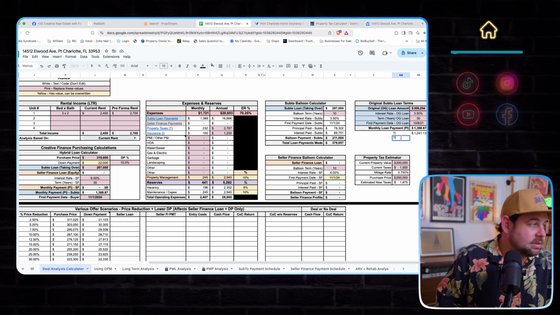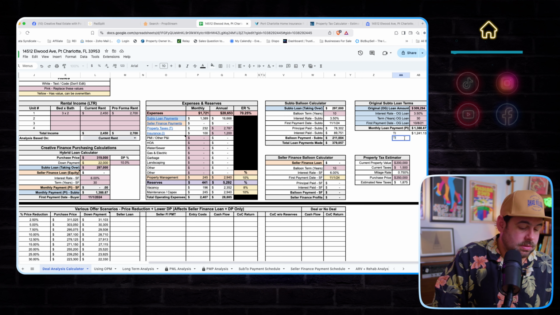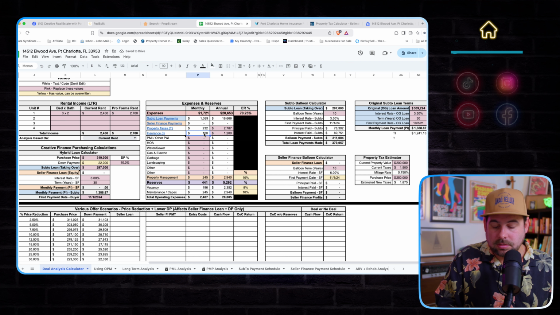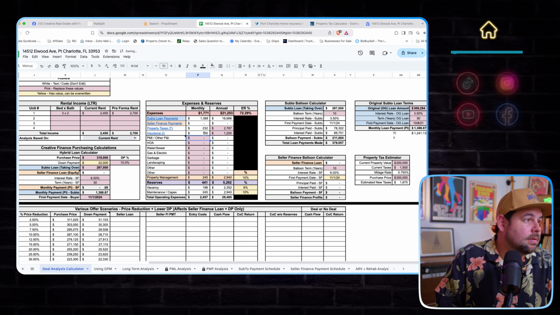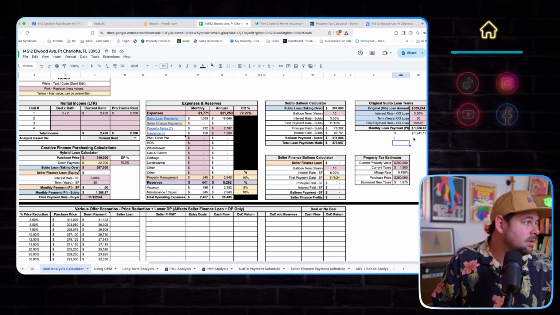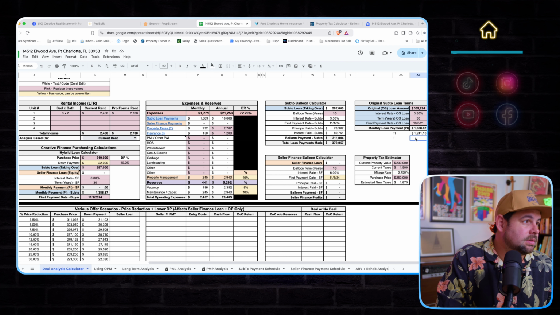So the taxes equal 232. They probably have PMI. That's private mortgage and property mortgage insurance. So the taxes equals 232.